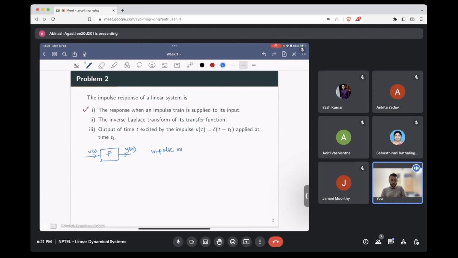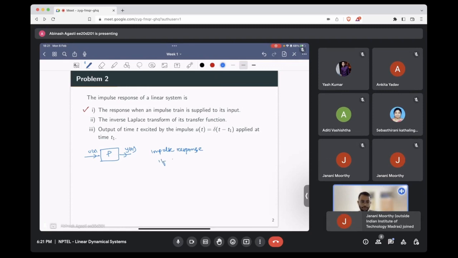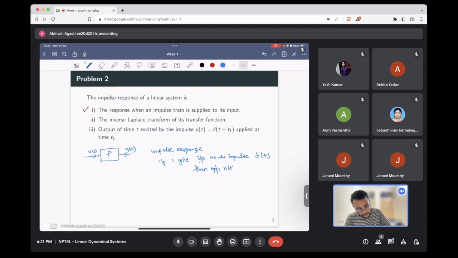Impulse response means if I give the input as the impulse signal, that is del of t, then the output h of t is the impulse response.